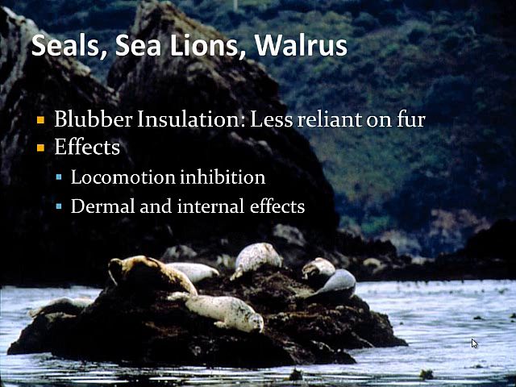But for the most part, the larger animals have a layer of blubber. So an external coating of oil on a walrus is not going to have a huge impact. It's also going to interfere with locomotion and dermal and internal effects as well.